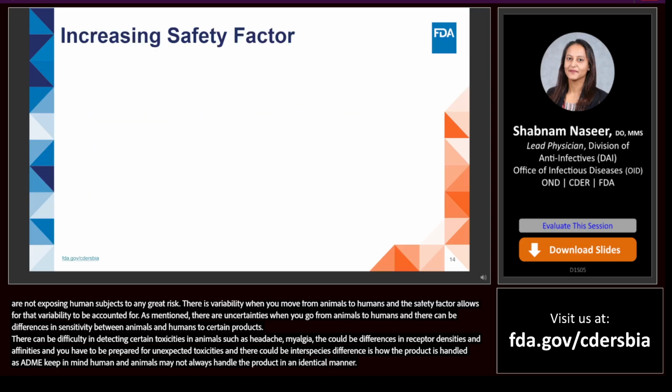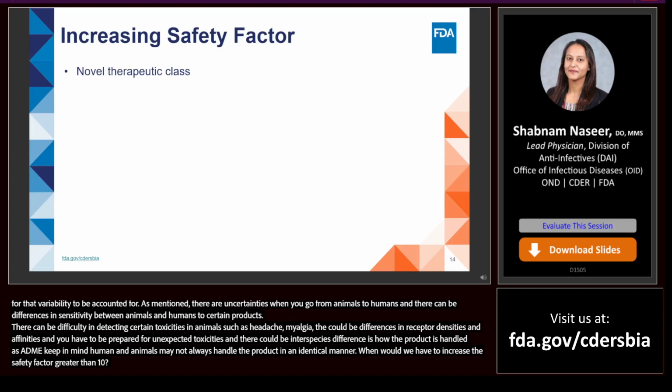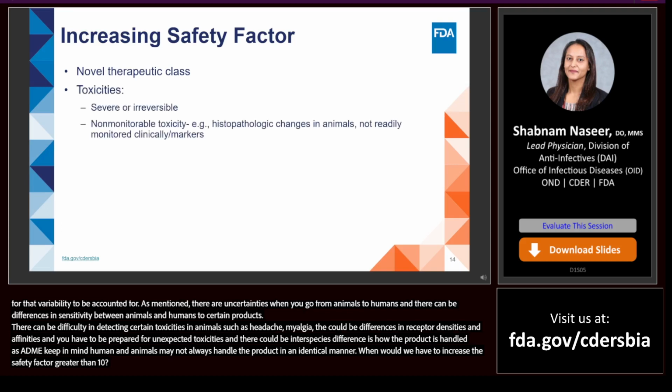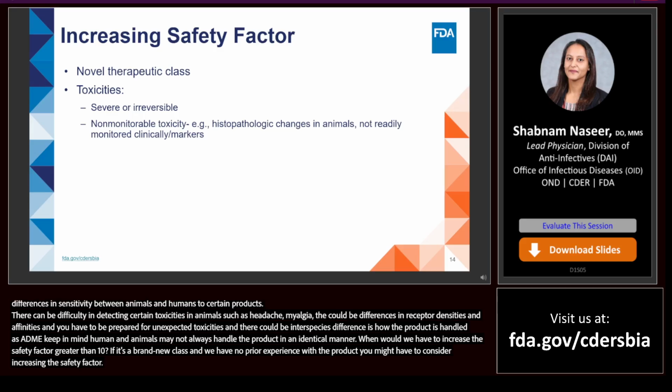So when would we have to increase the safety factor greater than 10? If it's a brand new class and we have no prior experience with the product, you might have to consider increasing the safety factor. Other issues could be that the toxicities in the non-clinical studies were severe or irreversible, or they could be toxicities that are non-monitorable.